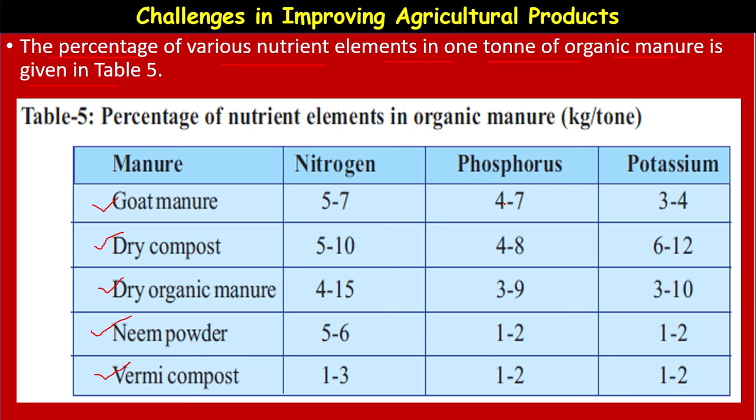Phosphorus: 4 to 7, 4 to 8, 3 to 9, 1 to 2, 1 to 2. Potassium: goat manure 3 to 4, dry compost 6 to 12, dry organic manure 3 to 10, neem powder 1 to 2, and vermicompost 1 to 2.